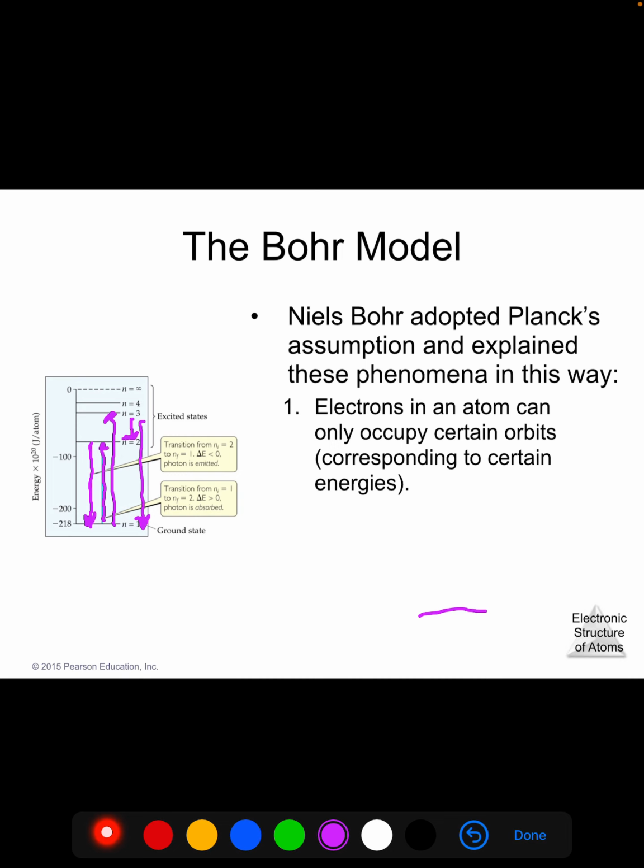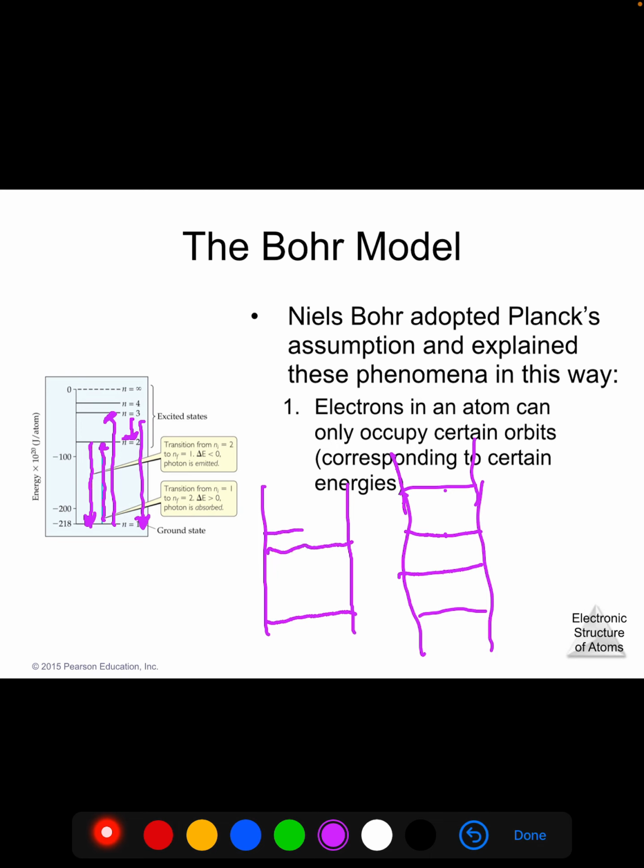People like to compare it to climbing a ladder. You're either on this level or this one. Your feet can't be in between going up the stairs. One thing I do want to emphasize, though, is that these rungs on the ladder are not equally spaced.